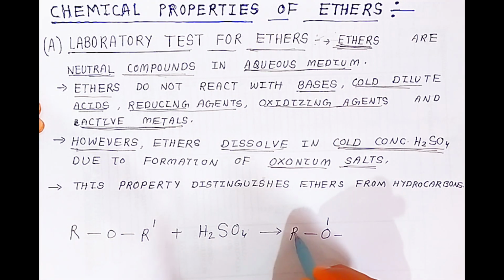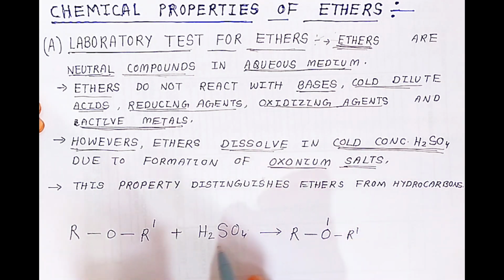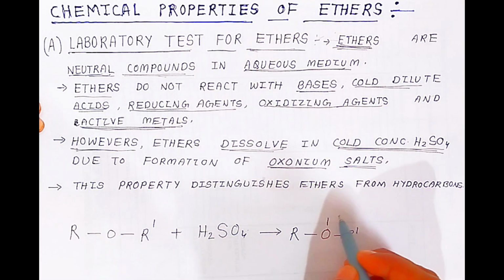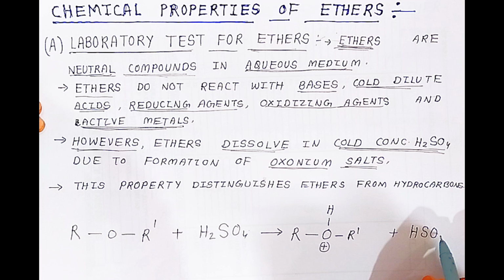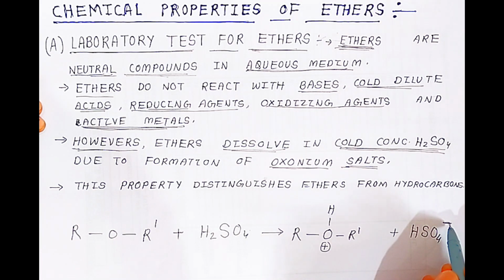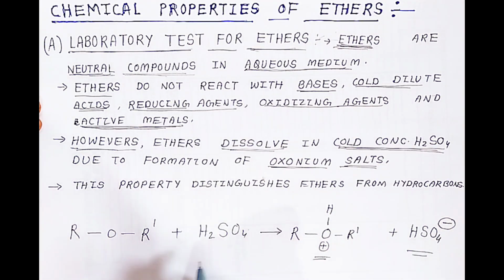Both valencies are by alkyl and another alkyl R dash, and the other will be the hydrogen of sulfuric acid. It is occupied by hydrogen. Because of this hydrogen, this oxygen will have a positive charge, and this is the hydrogen sulfate, which has a negative charge. So this is the cation, and this is the anion. This way students, this is dissociated.